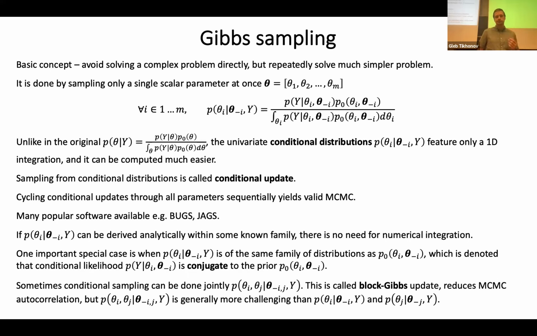It's done by sampling only a single scalar parameter, for which we have the so-called conditional posterior distribution, which is represented here.